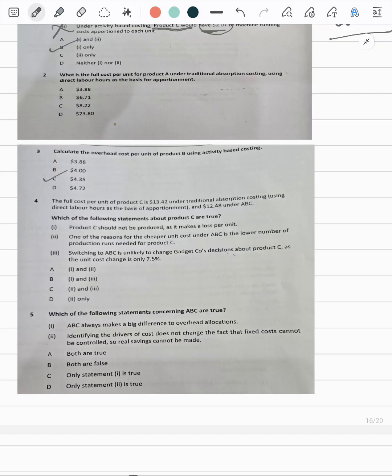So it has already given that for product C, the traditional absorption rate for overheads is 13.42, and based on the ABC costing method, the overhead absorption rate is 12.48. So which of the following statements about product C are true?